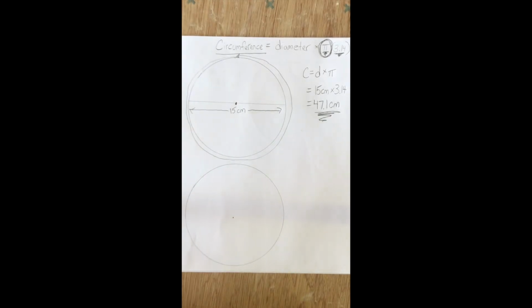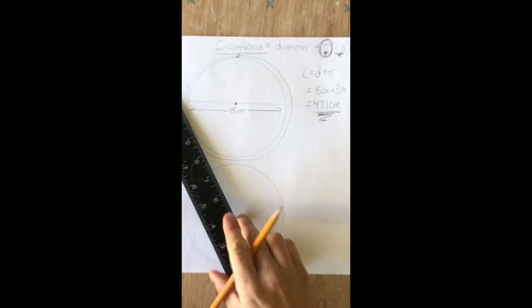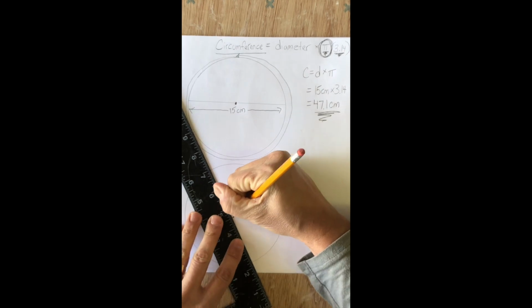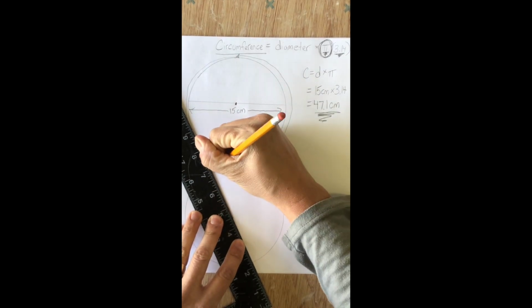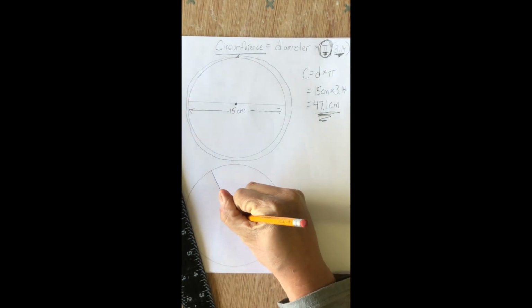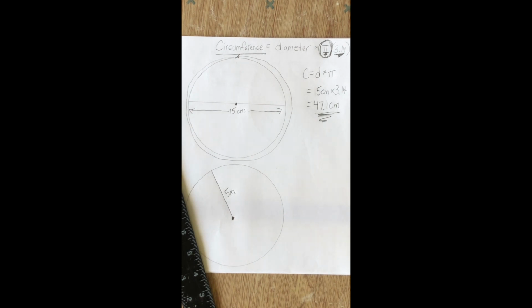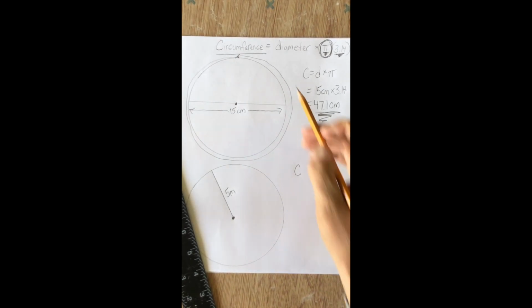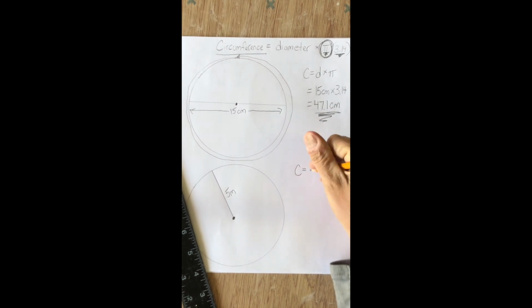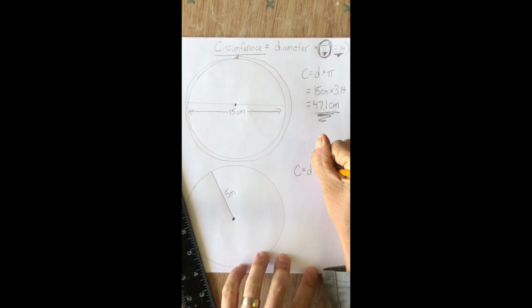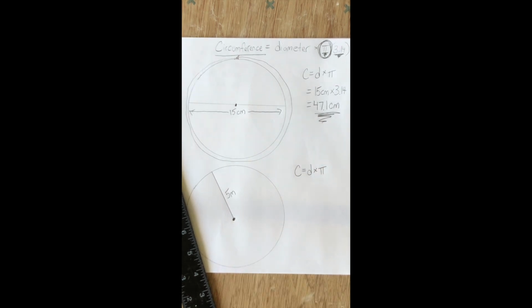Okay, well, let's try another example. Say I have a circle here, and its radius is 5 meters. And again, I'm asked to find the circumference. We know from up here, circumference equals diameter times pi, that number, 3.14.